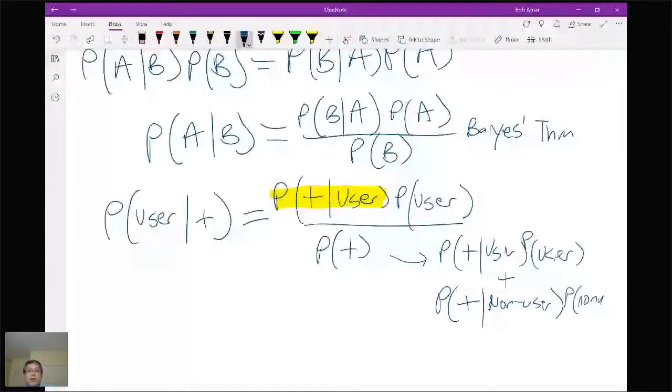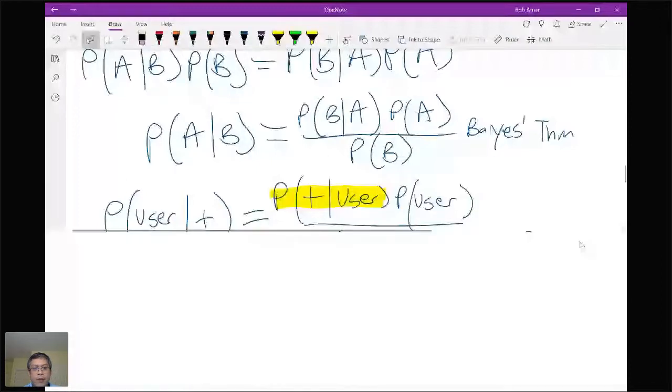Okay, so with that in mind, if you know what your test does, like you in a lab might know these three conditional probabilities or have a guess as to what these are, but you might not know exactly what percentage of people are users, right? And so if you guessed what the probability of somebody being a user was, then you could predict the probability that your test will successfully detect a user of a drug, given that the test came back positive. Sorry. Okay.